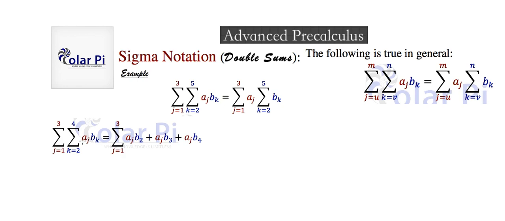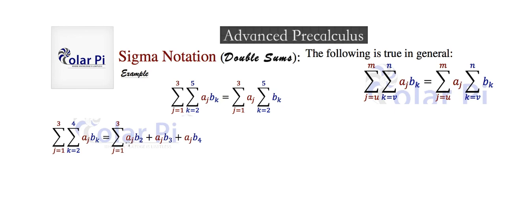So taking care of the b sub k's, we have the sum from j equals 1 to 3 of a sub j times b sub 2, because we start with k equals 2, and then plus a sub j times b sub 3 is next, and finally a sub j and b sub 4 is last, right? Okay, cool. So now all we have to take care of is the a sub j's, starting with j equals 1.